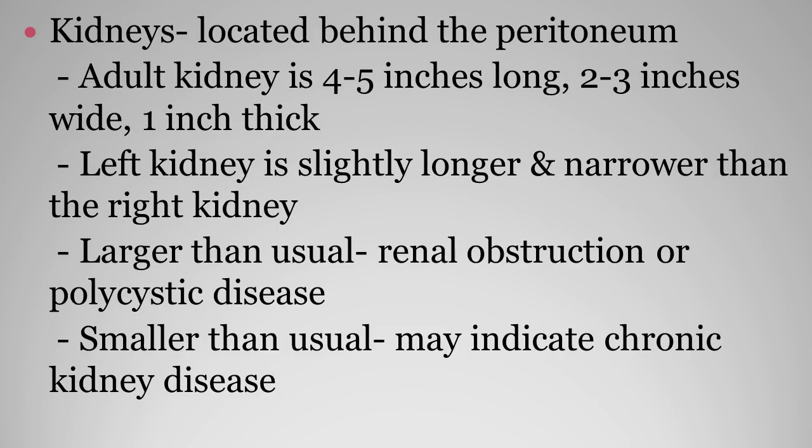It's just a little review of the anatomy and physiology. We know where the kidneys are. They're located behind the peritoneum. And each kidney is about 4 to 5 inches long, about 2 to 3 inches wide, and 1 inch thick. And the left kidney is slightly longer and narrower than the right kidney.